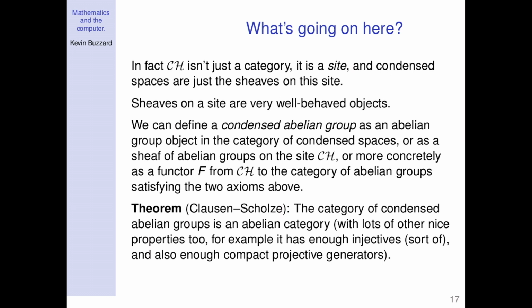So this is not difficult. I called it a theorem, but maybe it's more of an observation. It's the kind of thing that you can go away and try and prove yourself. The category of condensed abelian groups is an abelian category. So it's a theorem because it's important, not because it's difficult. Topological abelian groups are not an abelian category, but condensed abelian groups are, and they contain 99% of the topological abelian groups that we'll ever care about.